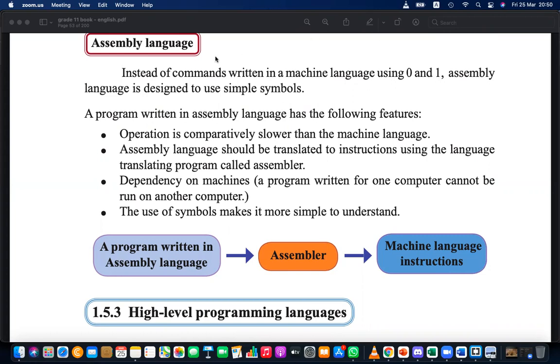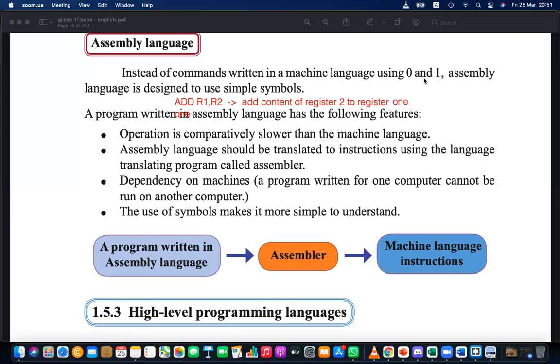So in assembly language, there are short codes, something like this: add R1, R2, add content of register 2 to register 1. This is a kind of instruction, an example that was given in assembly language.